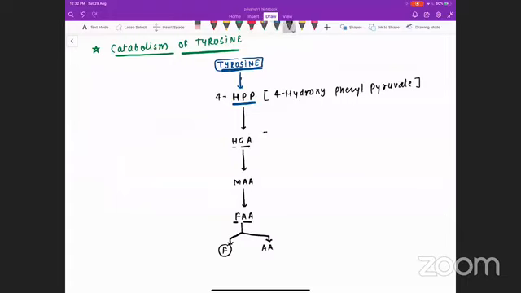4-hydroxyphenylpyruvate. HG stands for homogentisic acid. M stands for maleylacetoacetate. FA stands for fumarylacetoacetate.